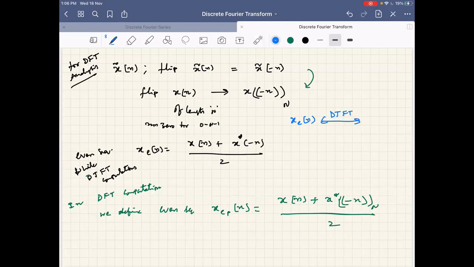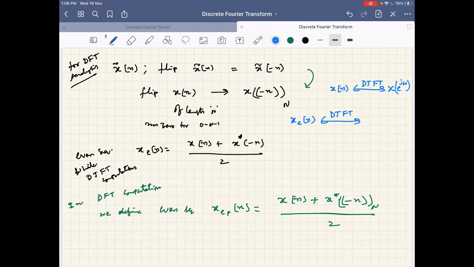For an even sequence, do you remember what we get in the frequency domain? Assume there is an x of n initially, for which the DTFT is given by X of e power j omega.